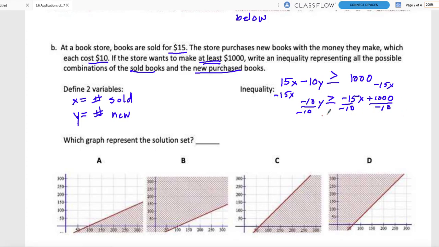So dividing through by a negative, this goes this way. And this is now positive. So my slope is now going to be 3/2 x. And this is 1,000 divided by negative 10. So this is now going to be negative 100.